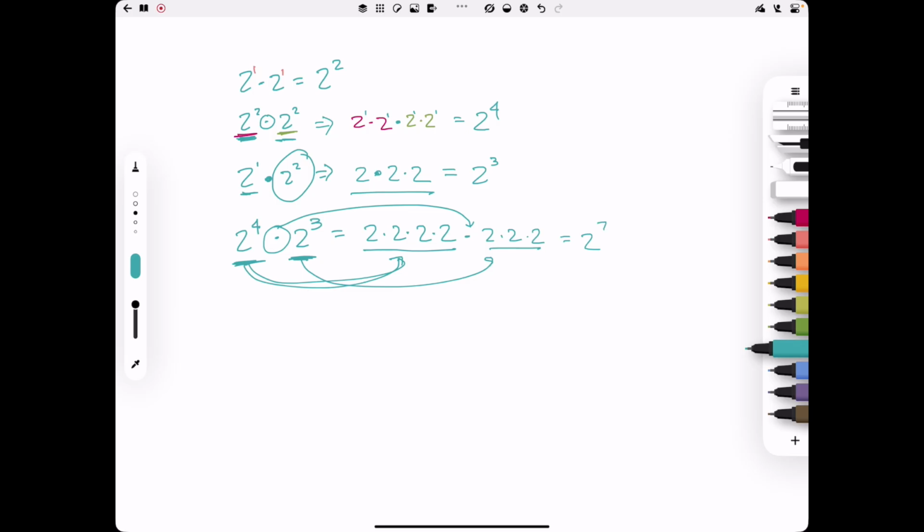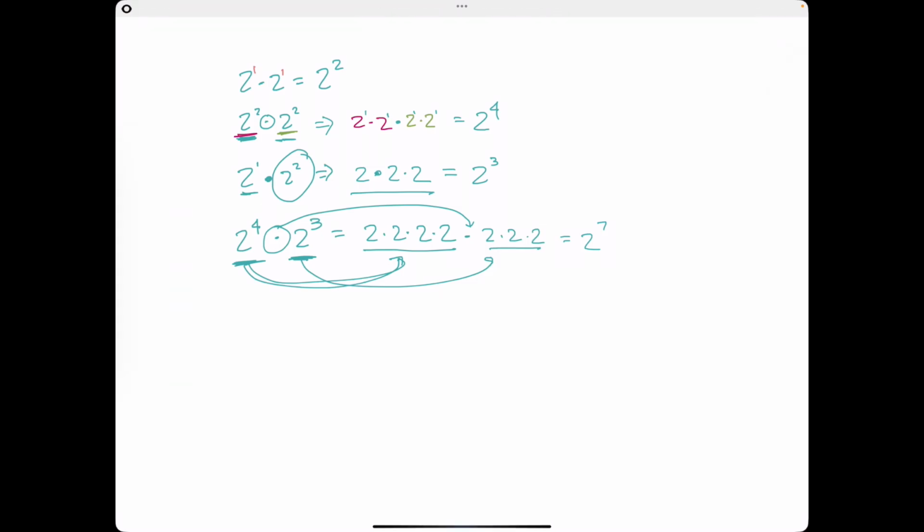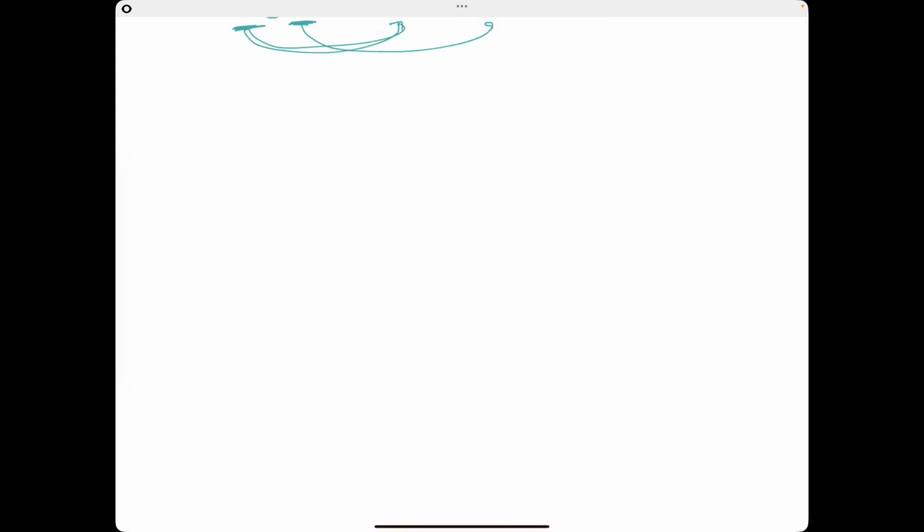So then we get into our rule that the book wants to dive right into, but I want you to understand why. So here's your key concept or your property: multiplying powers with the same base.